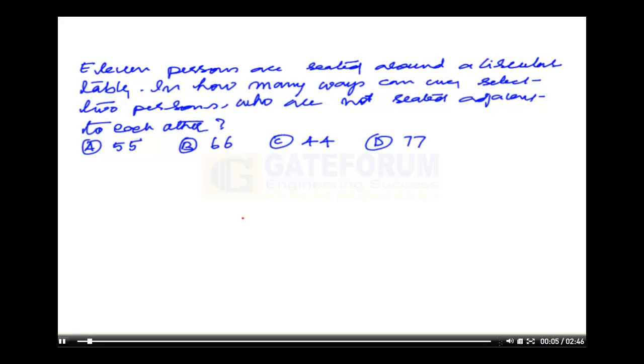Totally 11 persons are to be seated around a circular table. The question here is, in how many ways can we select 2 persons who are not seated adjacent to each other.